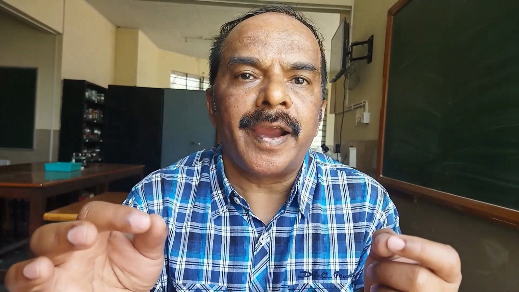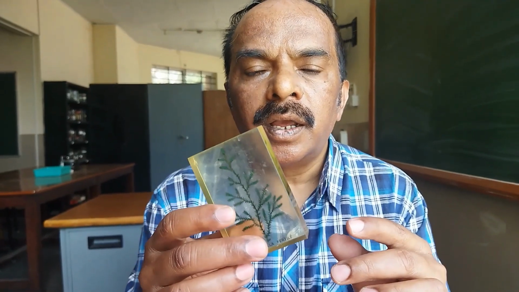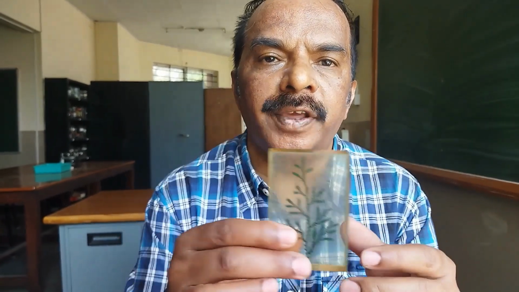In ice and in resin or gum of plants, the plants or animals are completely preserved. You can even obtain the DNA from the plant or animal, and this kind of fossil is called amber if it is preserved in gum or resin, or a mummified fossil if it is preserved in ice.